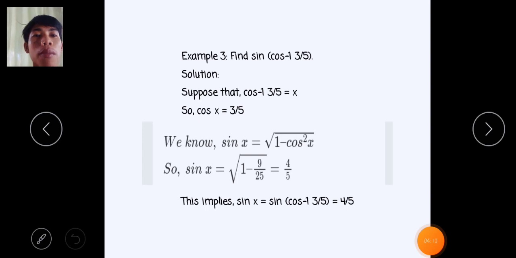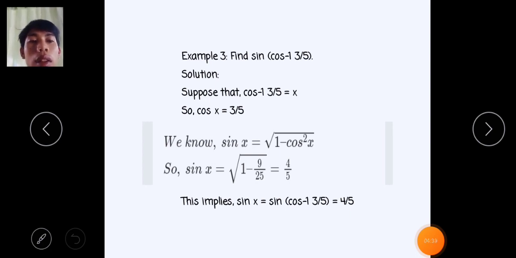Example number 3: find sine of arc cos 3 over 5. So solution: suppose that arc cos 3 over 5 is equal to x. So cosine x is equal to 3 over 5. We know sine x is equal to the square root of 1 minus cosine squared x.